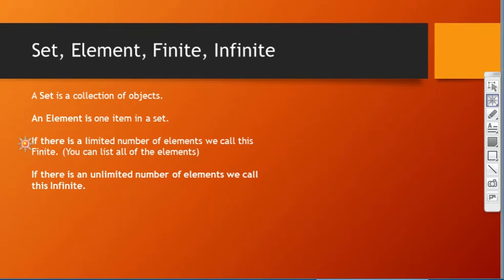If there is a limited number of elements, we call this finite. If you can list all of the elements, if you can count them, if there is an end to the number of elements, we call this finite. If there is an unlimited number of elements, we call this infinite.